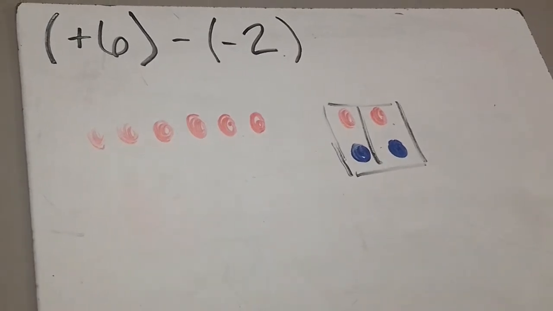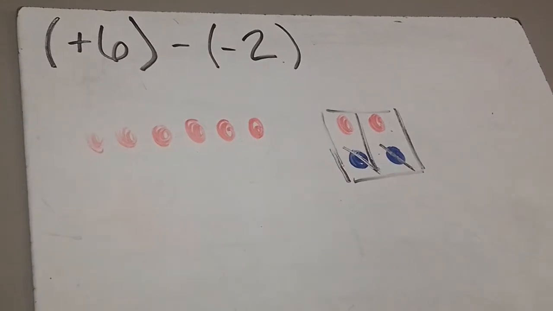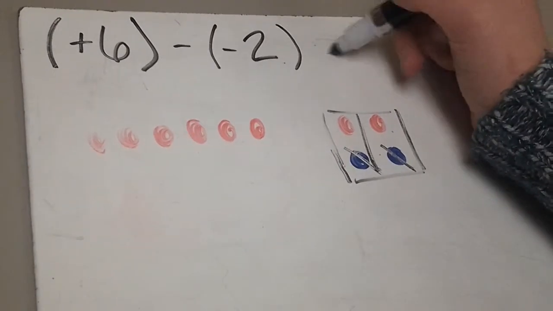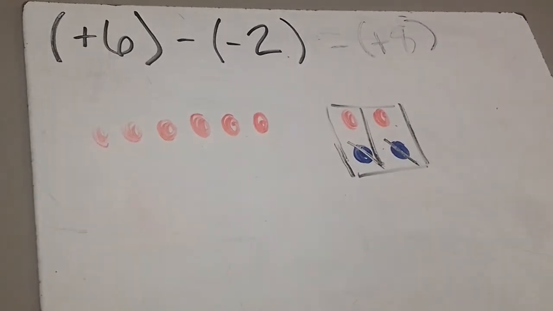Now you can cross off your 2 negative integers, and you are left with +8. And that is how you subtract integers.